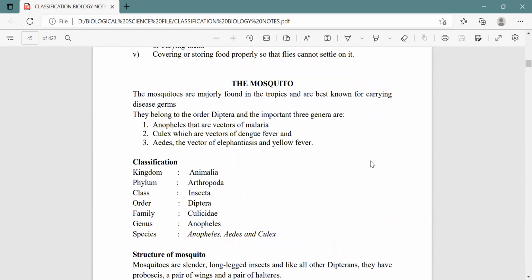Going to the mosquito, also take time to read about the mosquito, because these are tropical insects that are known by entomologists and medical scientists to be a great challenge to the human society.